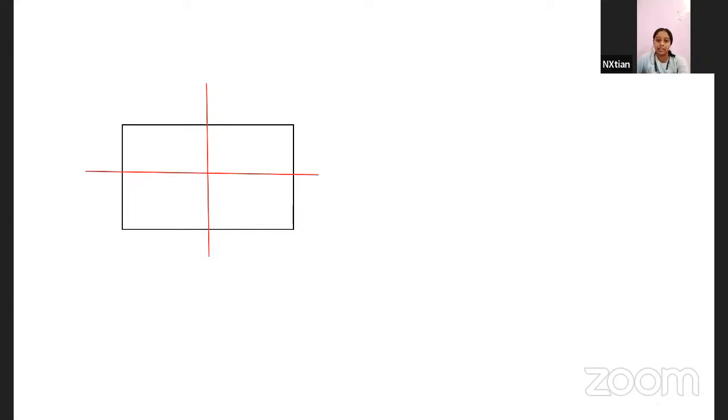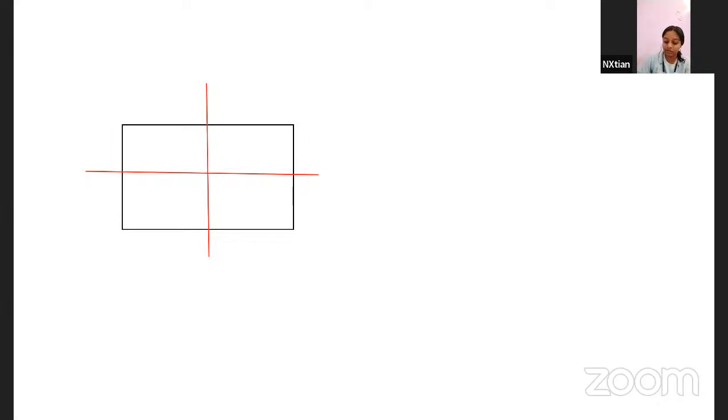So both are lines of symmetry passing through the center of this figure, either vertically or horizontally, and it will divide this figure into two equal parts. So this is a line of symmetry.